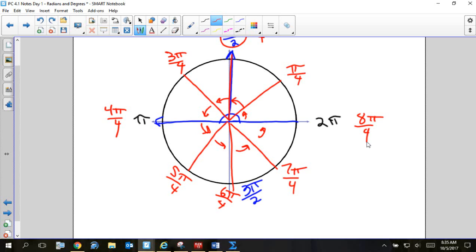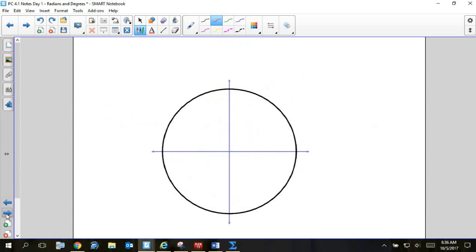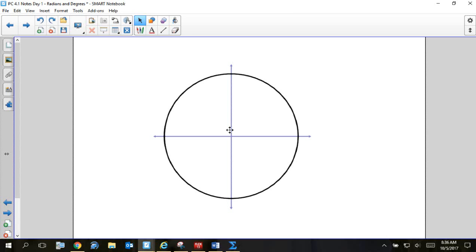Let's do it again. Let's divide it up by a different amount. Let's use a different picture. Let's choose a different one that you have there. So things I know right now is this is 2 pi, or 0. It's also 0. And this is pi. Now this time I'm going to take the top half, the pi, and I'm going to divide it into 3 equal sections.